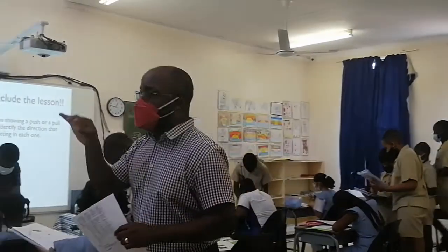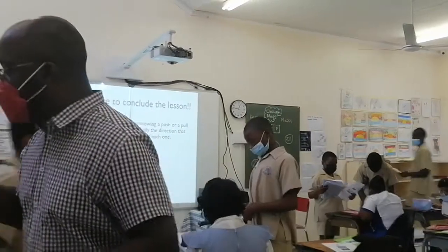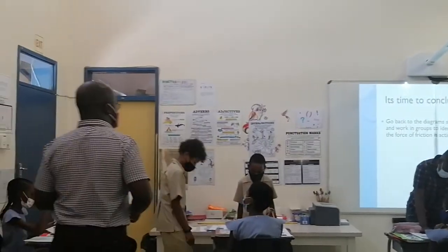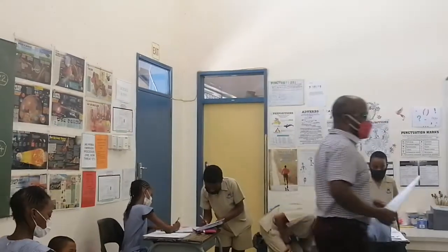Remember we just wrote pull, push, pull, push, pull, push. Now draw an arrow showing the direction of friction on each of those. I'm giving you 1 minute for that.